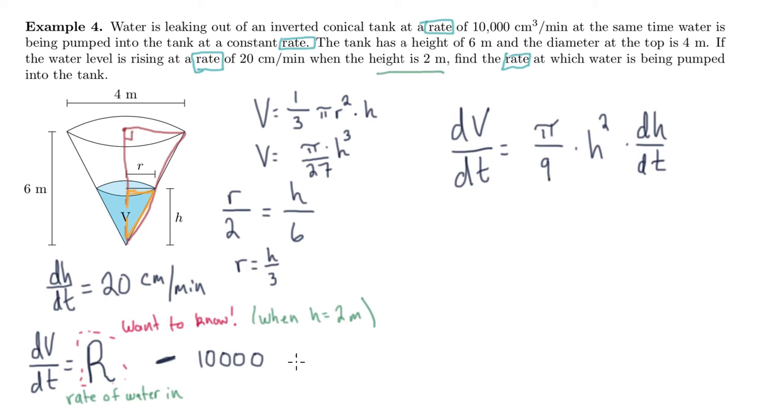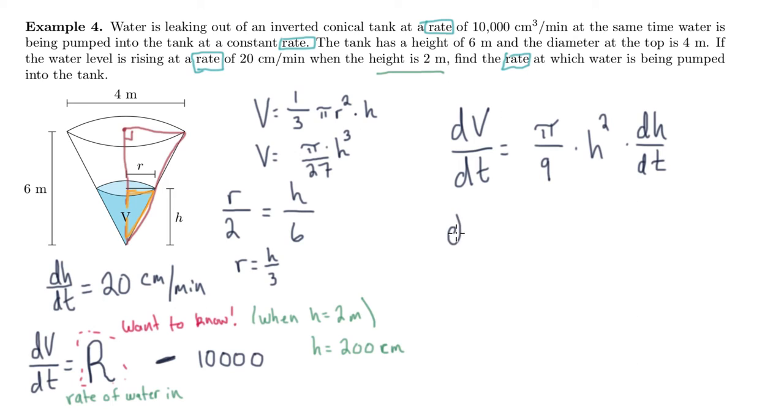So here's what I'm going to do. I'm just going to simply write that h is not 2 meters. Well, how many centimeters are in a meter? There's 100. So h is actually 100 centimeters. And so I'm going to work the rest of the problem in centimeters. Okay, so everything should be okay now.